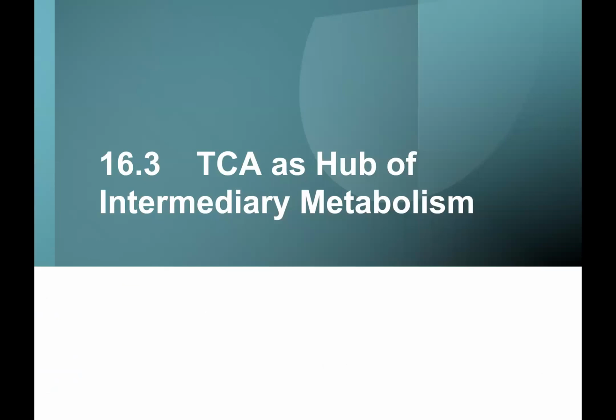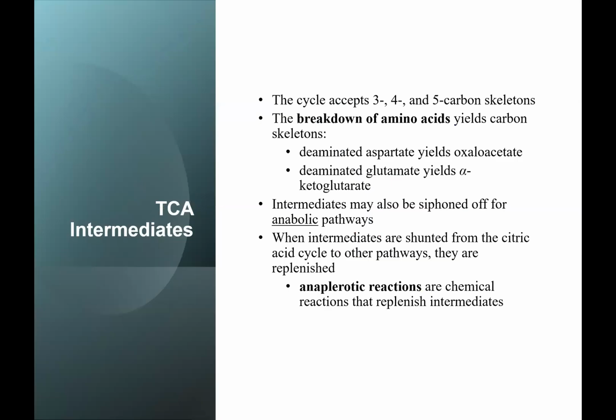Okay, now we can consider the citric acid cycle as starting from acetyl CoA, but that's not the only possibility. We can have intermediates that enter the cycle at different points. In fact, the TCA or citric acid cycle accepts 3, 4, and 5 carbon skeletons.